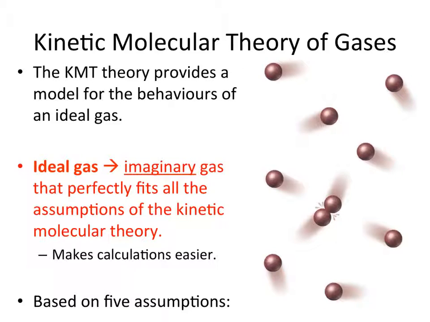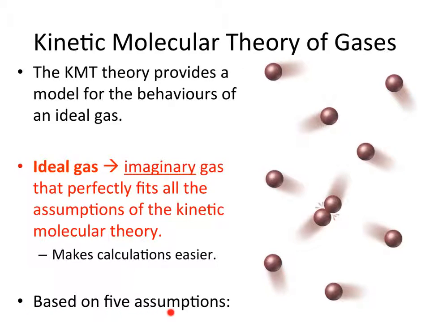What people have found is that some gases behave nearly ideally in certain conditions. Once you start changing conditions, such as pressure and temperature, they can change the way they behave. But if we keep them at a certain condition, we can make assumptions that make calculations easier.